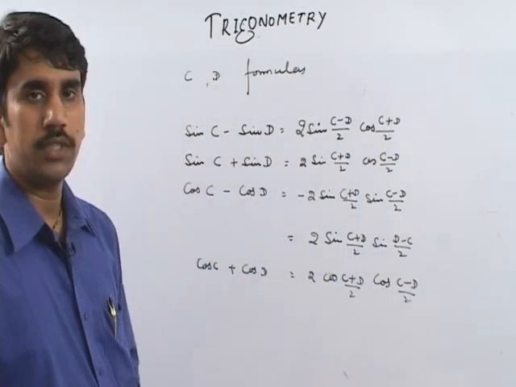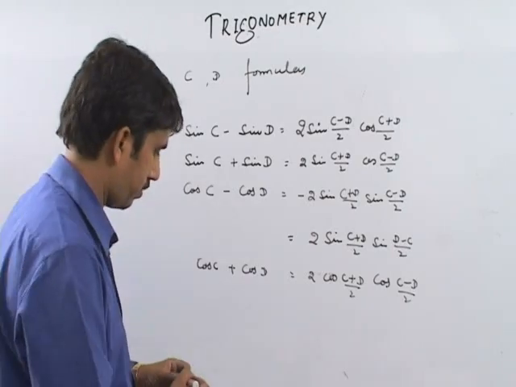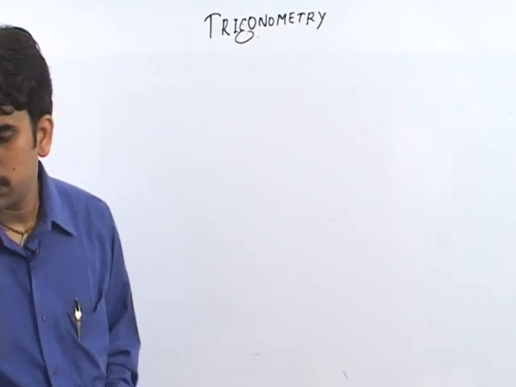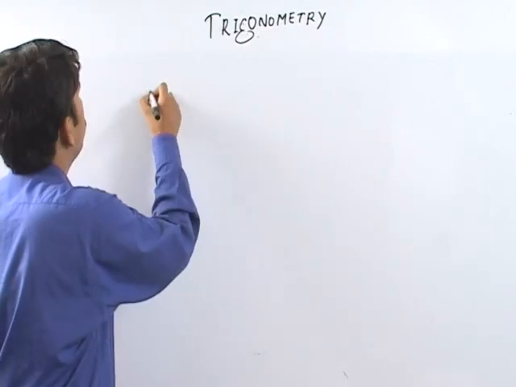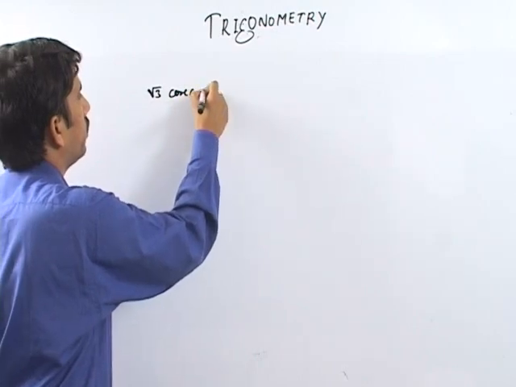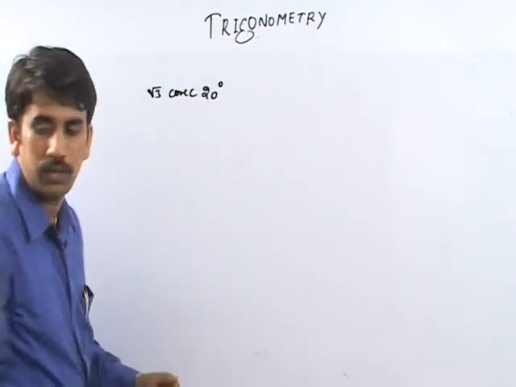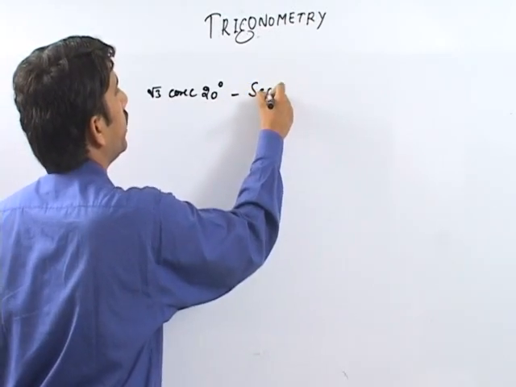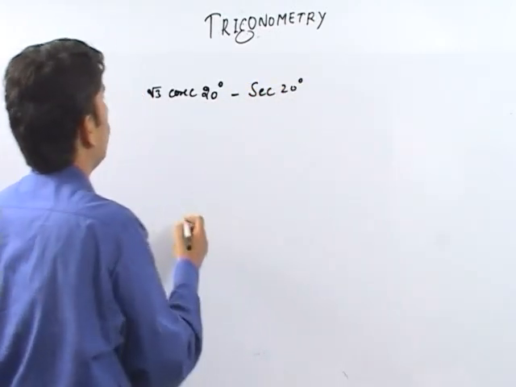Now we will do some questions related to these formulas. The question is root 3 cosecant 20 degree minus secant 20 degree.